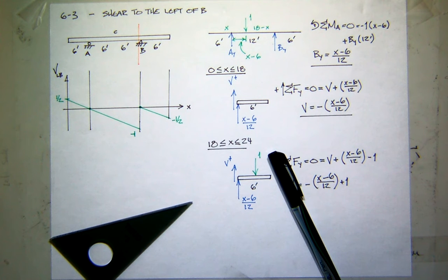If this is 1 and this is 12, what would be this value over 6? Similar triangles, right? 1 is to 12 as what is to 6? 1/2. This is also a similar triangle. This slope is the same. So again, 12 is to 1 as 6 is to 1/2. So I could have drawn that right off the top of my head.